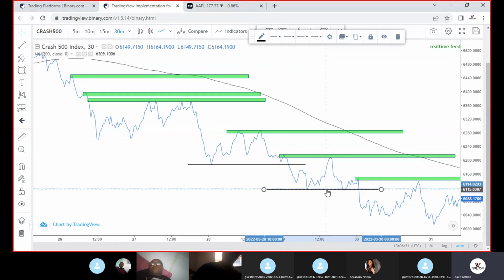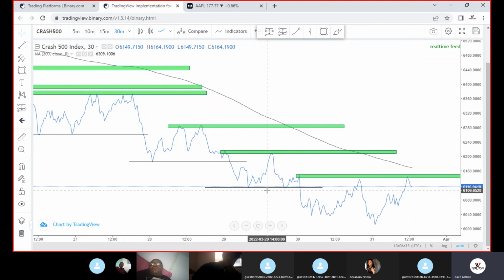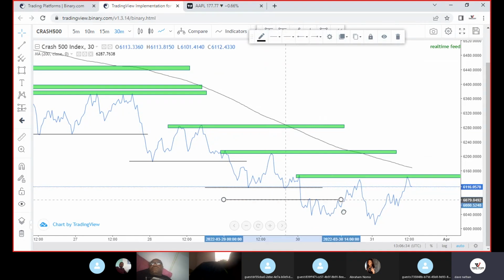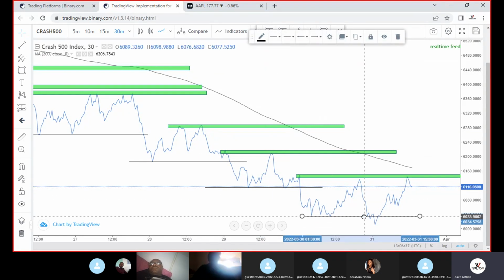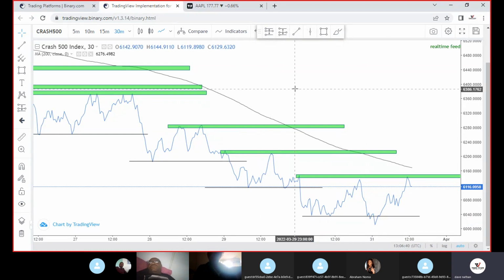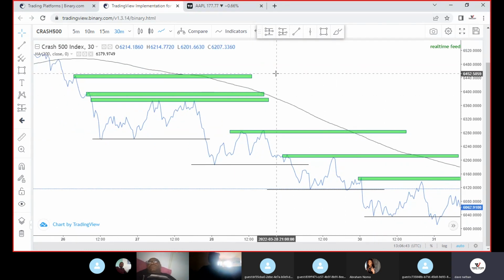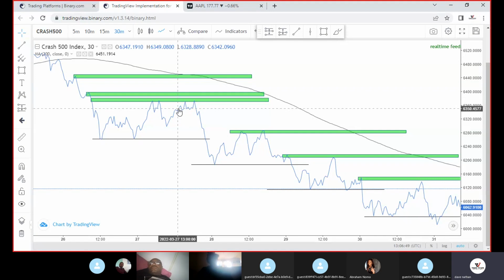We are trying to mark those peak point supports that were broken, because if there is no break of the support, we cannot mark the resistance. So don't forget that. If the support is not broken, we cannot say this is where the impulsive move started.